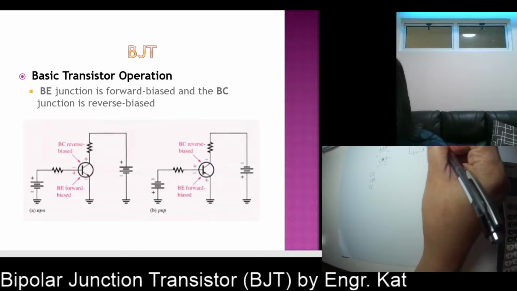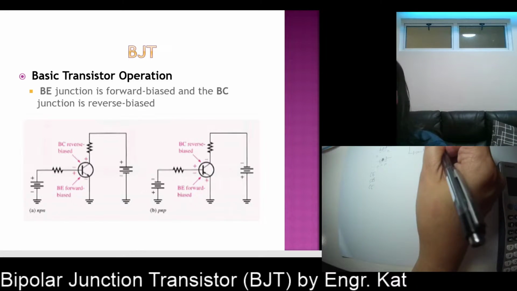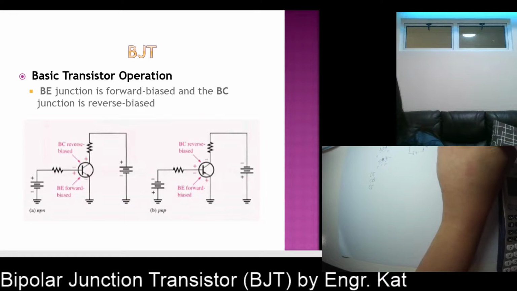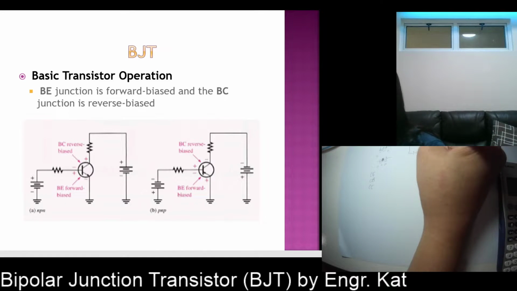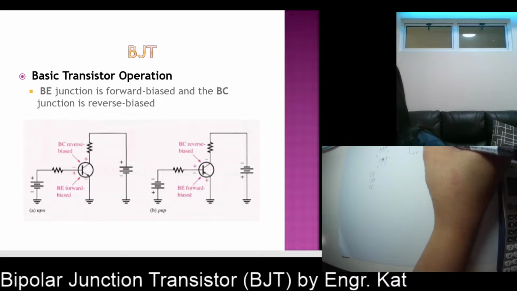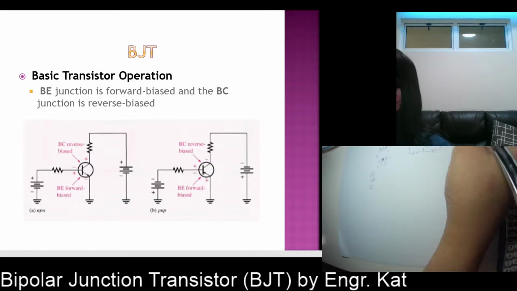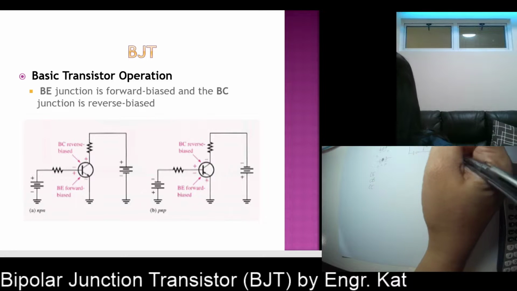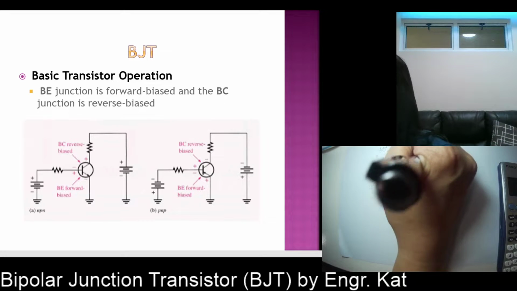While the base to collector junction must be reverse bias. So we have to place positive here for the N-type and then the negative here for the P-type. Okay, we call this your VCC and we call this your VBB.